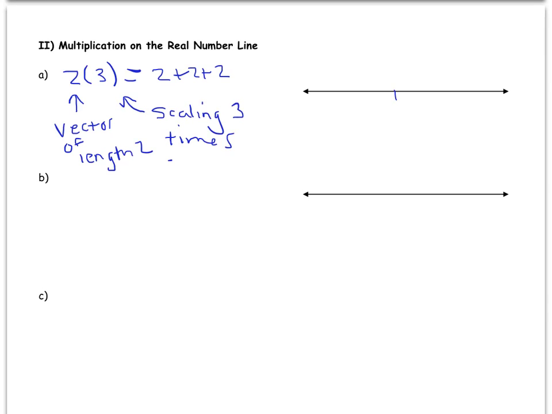And where do we end? We know we end with a vector of 6. So here's our vector 2, and by multiplying it by 3, essentially what we're saying is we're just going to go out 3 times in a row.